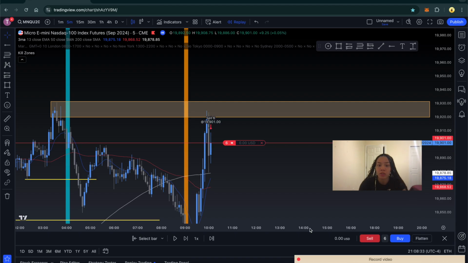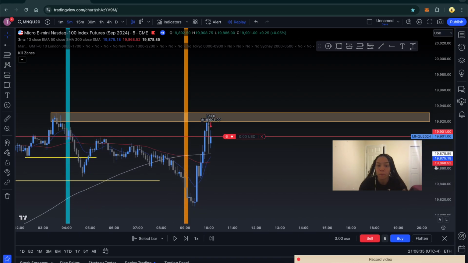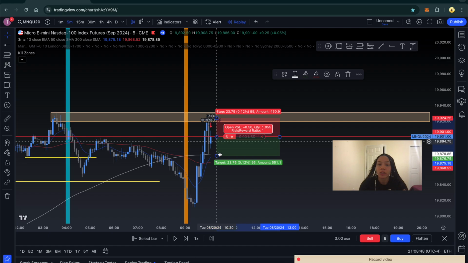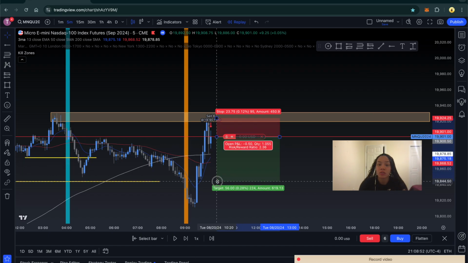I'm going in for a sell. And I want to see price hit this. I could adjust it to this and just go for my 1-to-1. That's a 1-to-1. Or I can go for this.